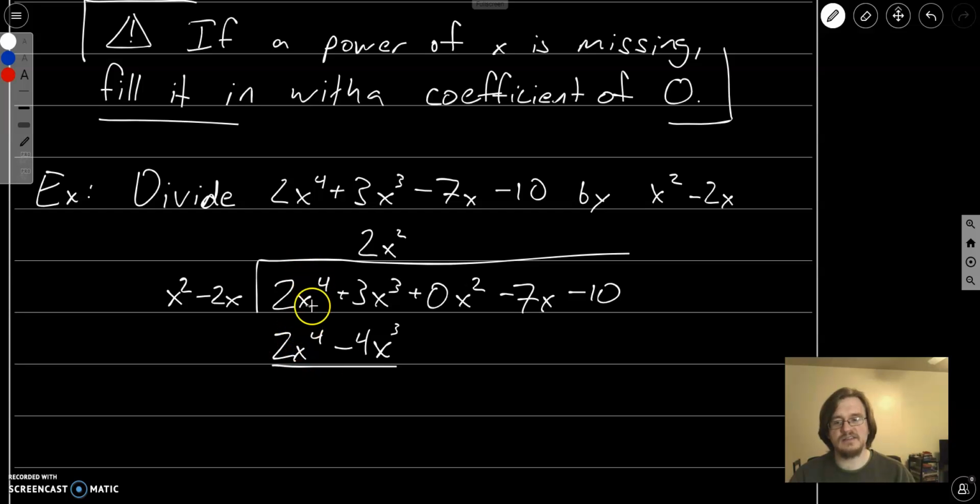Now I subtract these: 2x to the fourth minus 2x to the fourth, 0. 3x to the third power minus a negative 4x to the third power. Again, to write this down, this is 3x to the third power minus a negative 4x to the third power. Those are going to combine, and we're going to get 7x to the third power. So I'll bring down this term.